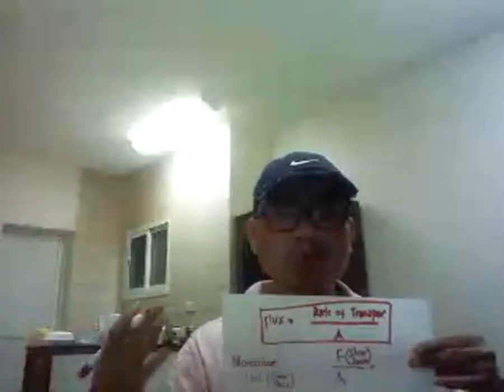First, momentum transfer, so mass times velocity. But before that, we need to consider also the viscosity. Viscosity is very important in momentum. Why? Explain to me, class, why viscosity is very important.